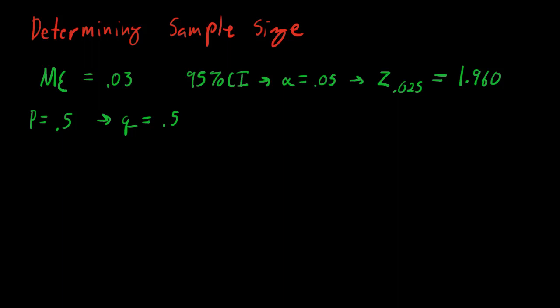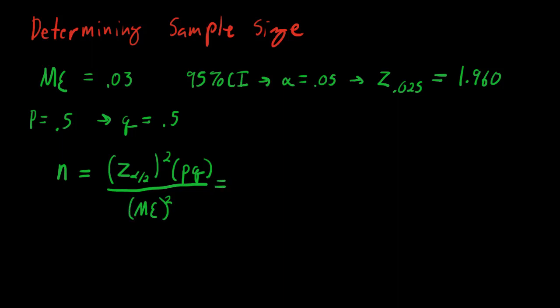So to figure out our sample size, we have N is equal to our Z of alpha over 2, that quantity squared, times P times Q, and then that divided by our margin of error squared.